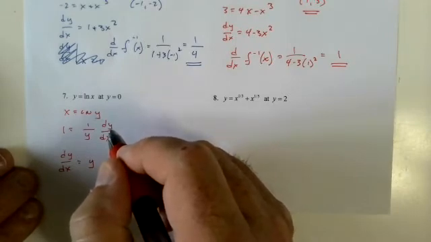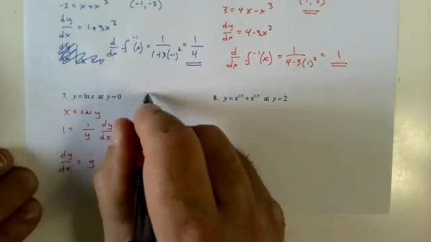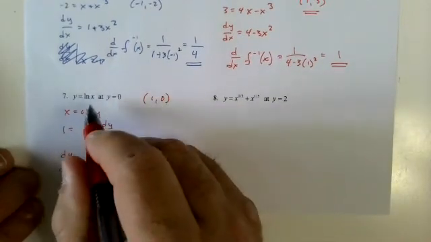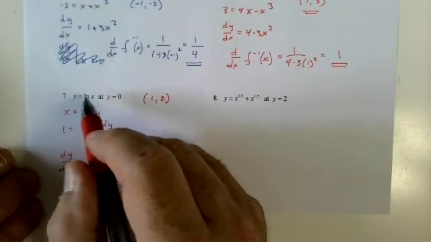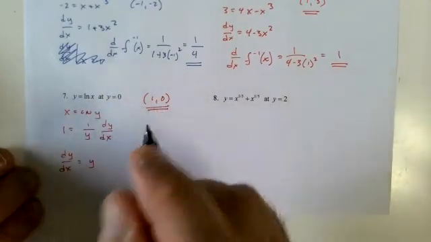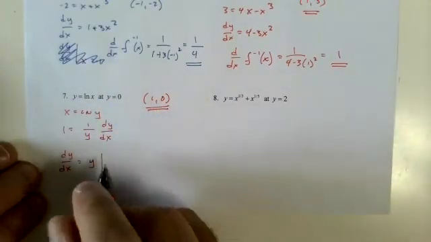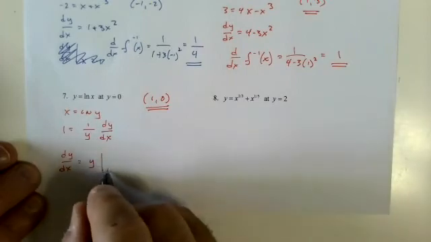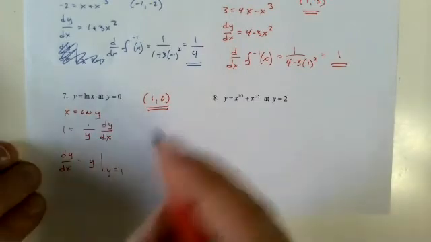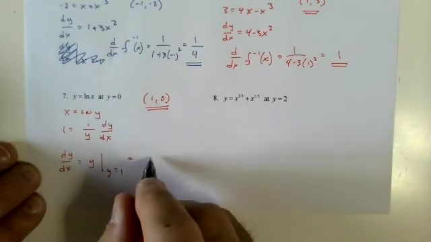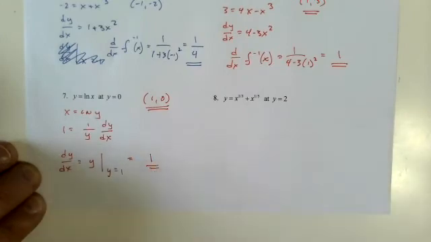Yes, it can. That was a stupid thing to do. 1 comma 0. e to the 0 equals 1. Got it. y when y equals 1, because again, we trade those around, equals 1.